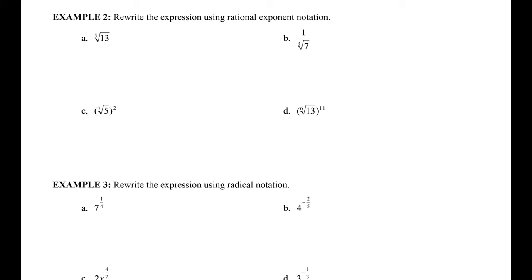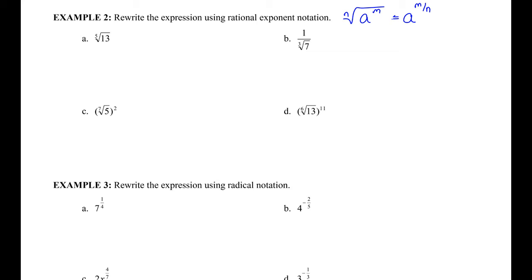Next, we're looking at rewriting the expression using rational exponent notation. So we're going to take it from its radical form, so let's rewrite that so we don't have to flip back and forth. So that was the nth root of a to the nth power. We're going to rewrite that so it's a to the power of m over n.